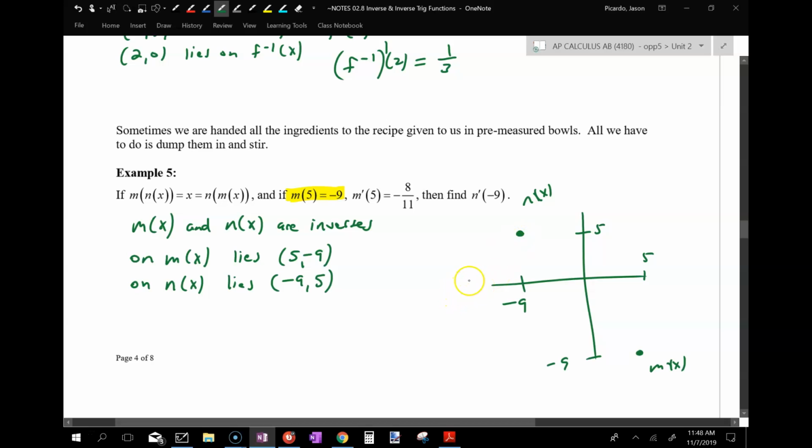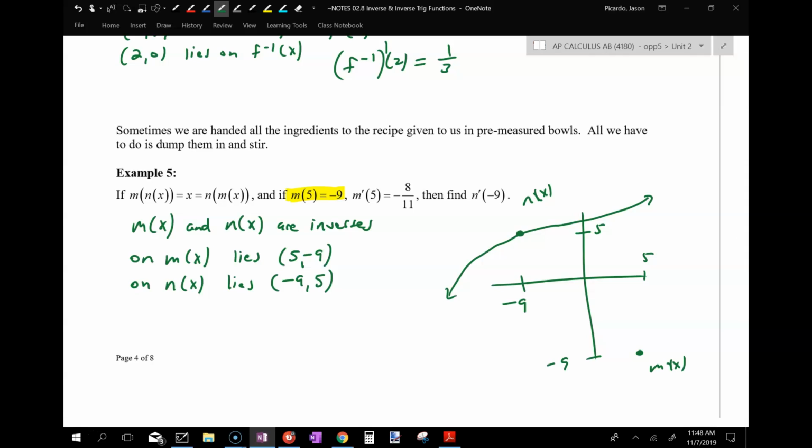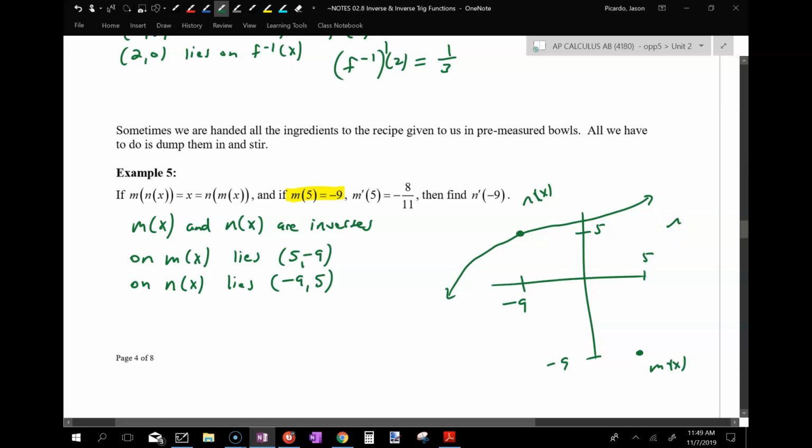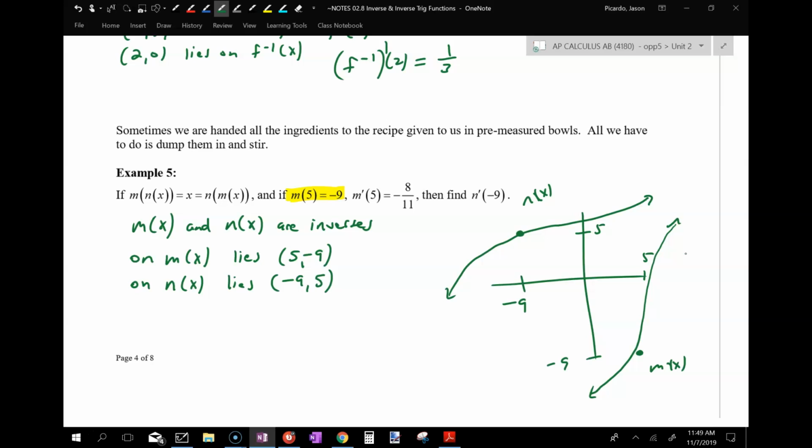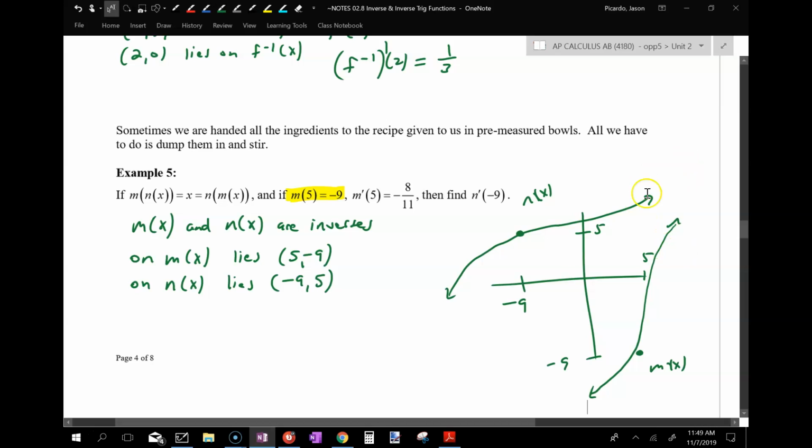I have no idea what this looks like. There's one curve. Maybe that's n of x. If that's what n of x looks like, then I have a pretty good idea what the next one looks like, right? So maybe it looks like that. I don't know. Yeah, kind of, right? Close enough. It's just a reflection in the line y equals x. Yeah, so it's good enough. We don't know what it looks like.